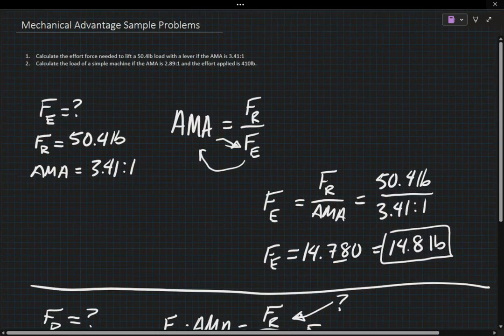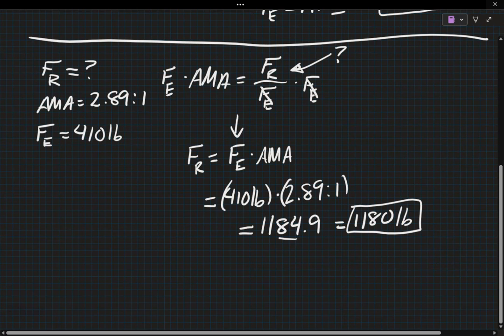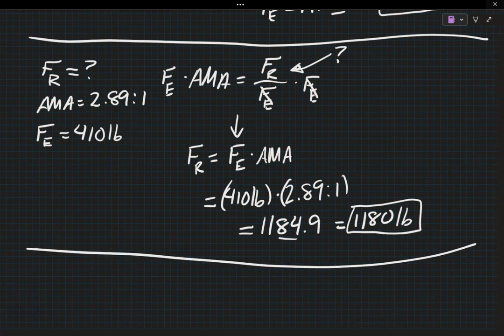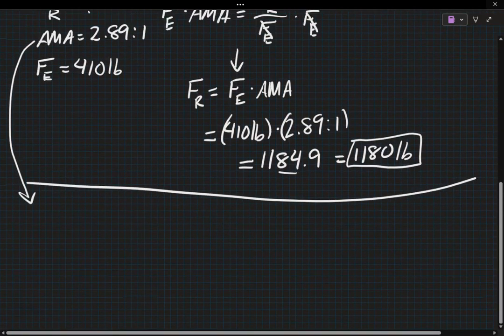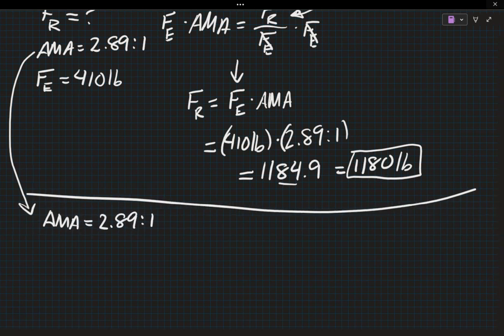So I only have 2 example problems written here, but I do want to do one last problem. Let's say that our machine from the previous problem has an AMA still of 2.89 to 1, but its ideal mechanical advantage was calculated to be 3.2 to 1.